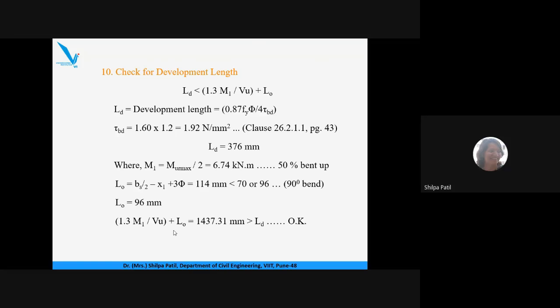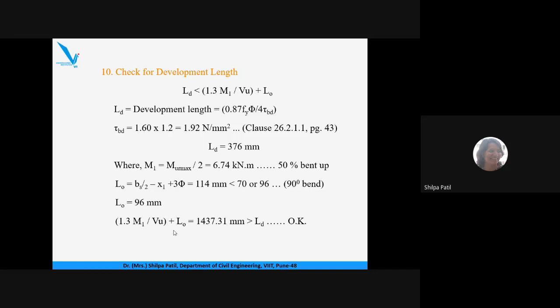So our check for development length is also getting satisfied. What to do now if this check is not satisfied? Suppose LD is coming greater than 1.3 M1 upon VU plus L0, what to do? We have to decrease LD, and to decrease LD, we have to decrease the diameter of the bar.